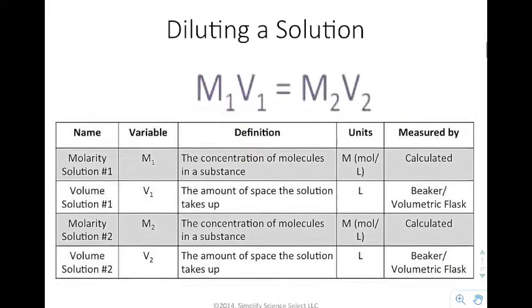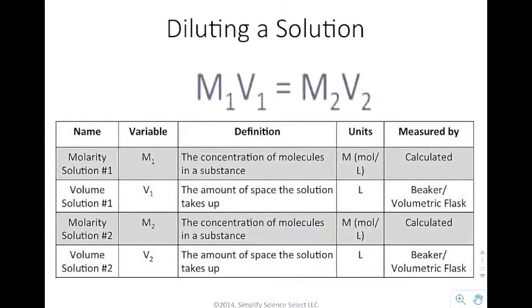Okay, so the first thing we need to look at is diluting a solution. This formula is called the dilution formula, and it's how you can calculate a new molarity or how much you need to dilute a solution by. Now, this formula works by the process of this: the number of moles equals the number of moles.